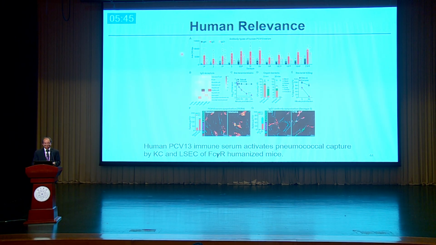We did use serum from humans immunized by PCV13 and did a similar passive protection experiment in humanized mice. These mice lack their own IgG receptor, but they have all the major human IgG receptors knocked in. And so basically we recapitulated the similar finding with the humanized mice and a human antibody.